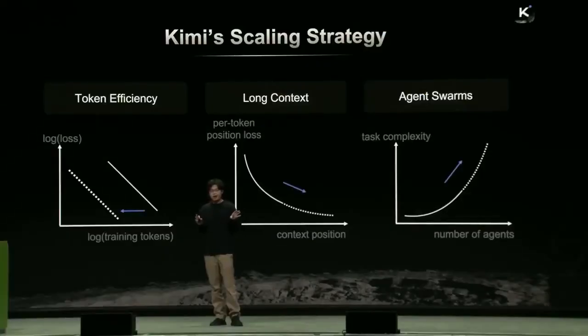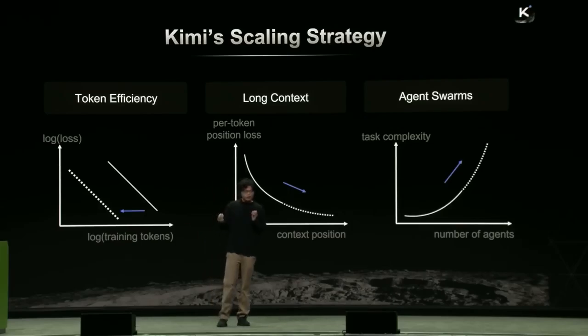We can translate all of this into the language of agents. Token efficiency is mostly about having a stronger prior so that you have more efficiency when you do agent RL to search for a better solution. Long context is mostly about increasing the context length so that you can have a longer running agent.